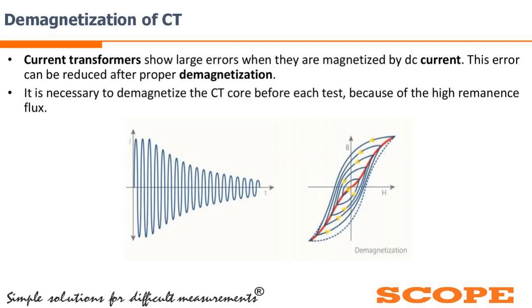Current transformers show large error when they are magnetized by DC current, and this error can be reduced after proper demagnetization. So it is necessary to demagnetize the CT core before each test because of the high remnant flux that will be present during the DC current test. So this is also very important.